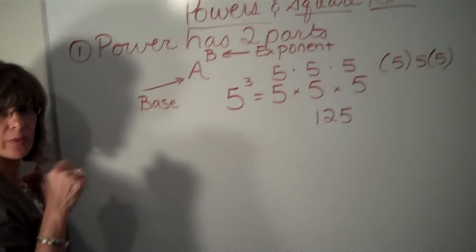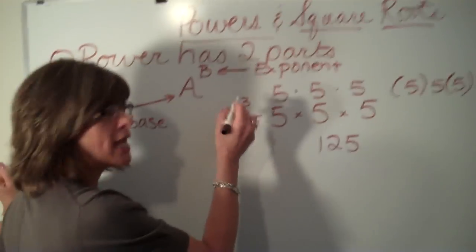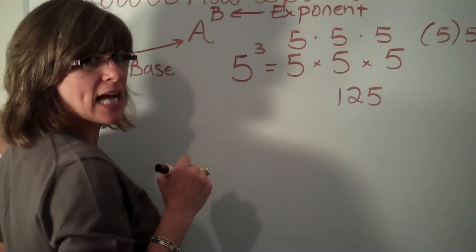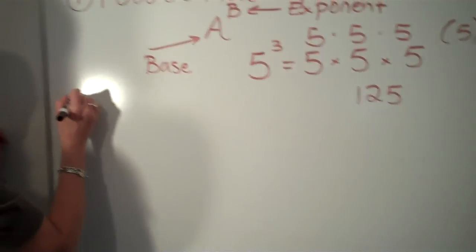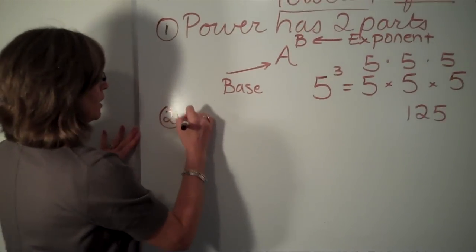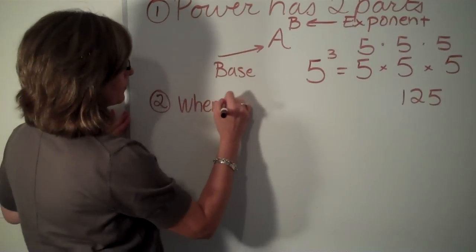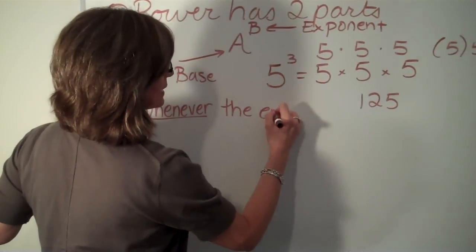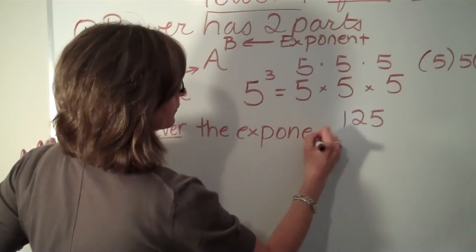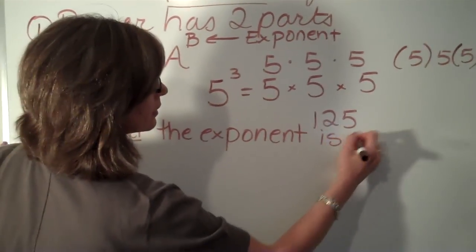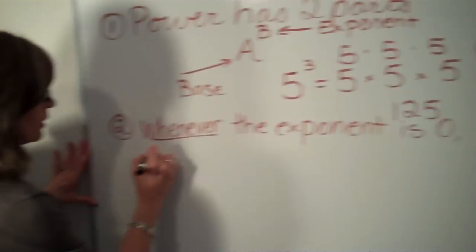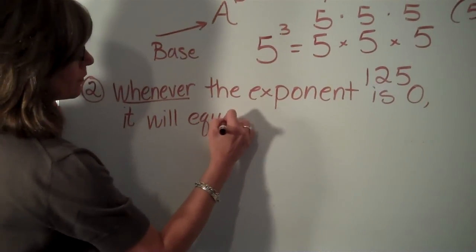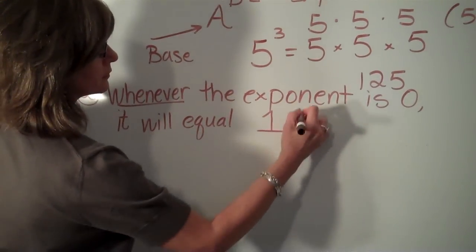Okay. You can use any number you want to be the exponent. Any natural number. We've already talked about natural numbers, and you can use any of them to be the exponent. Whenever the exponent is 0, it will equal 1.